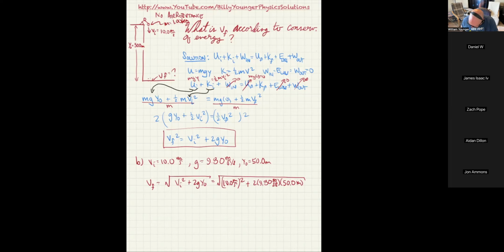And the answer is 10 squared plus 2 times 9.8 times 50. That gives us 1080. Now, if you were doing a projectile motion problem and solving for a particular height, you'd actually have to use the plus or minus square root, and then use some logic or reason to figure out which one it would be.